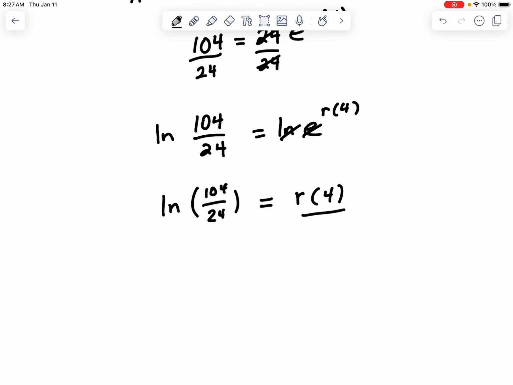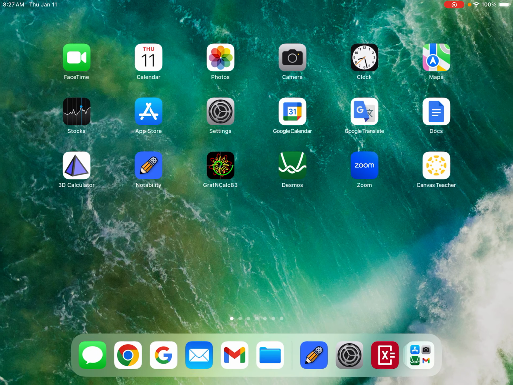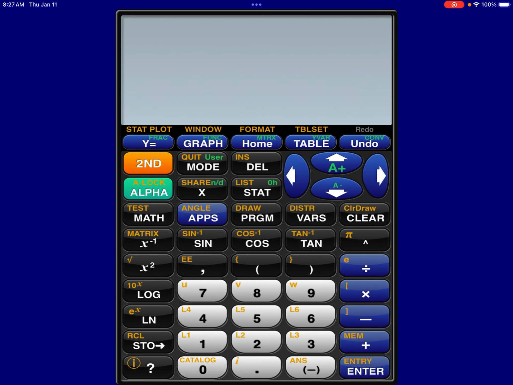Then to solve for R, I just need to divide both sides by 4. And at that point, it's time to use a calculator. So go over to the calculator and find out what is the natural log of 104 divided by 24, which needs to be in parentheses, and then divide by 4.